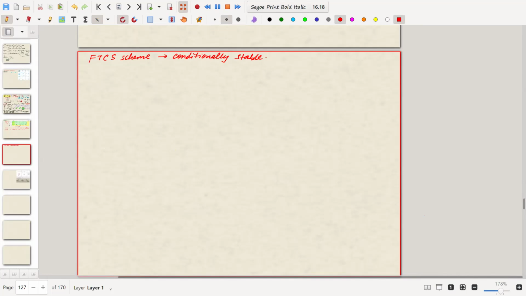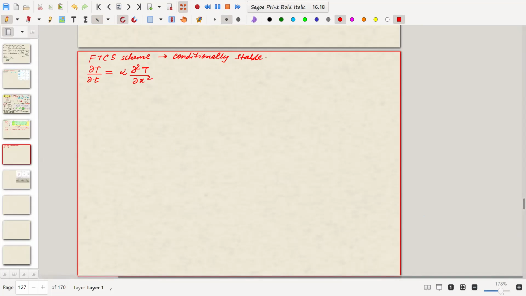So as usual, let us write our temperature equation, dou T by dou t is equal to alpha dou 2 T by dou x2. Yes, this is the heat equation.